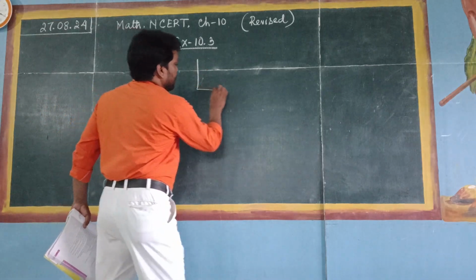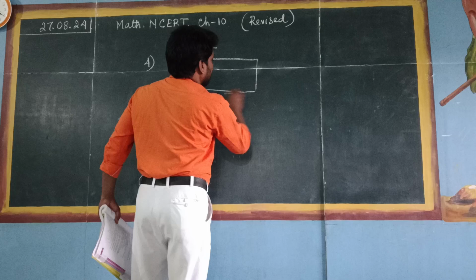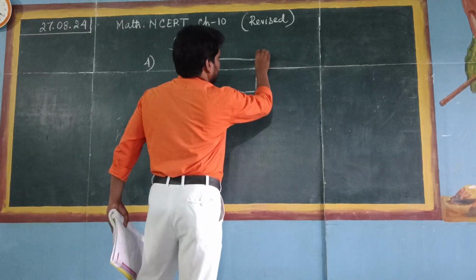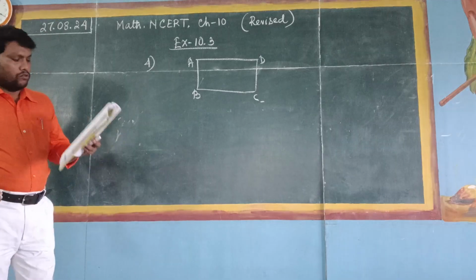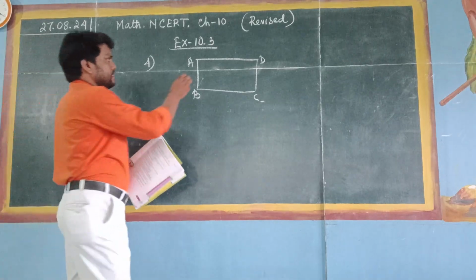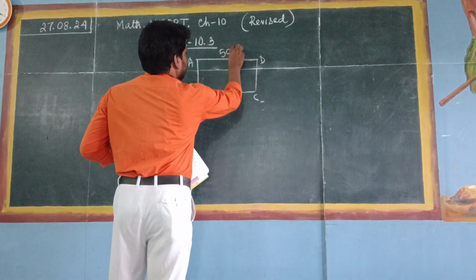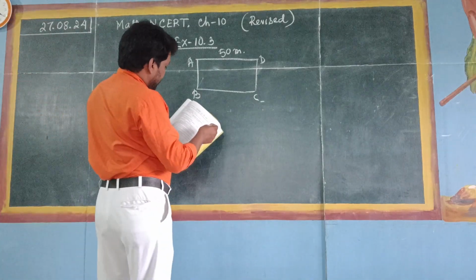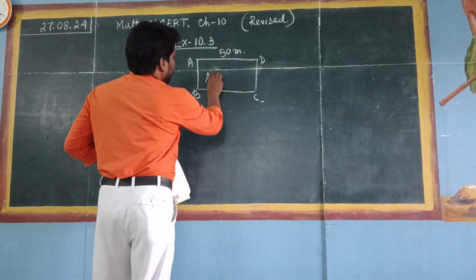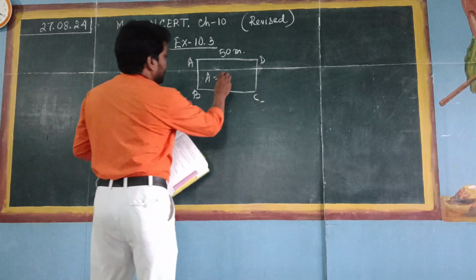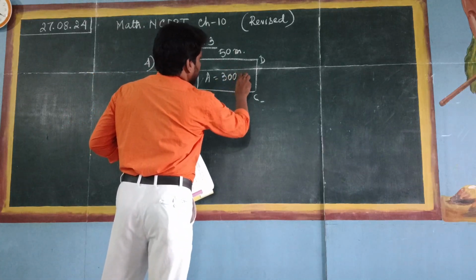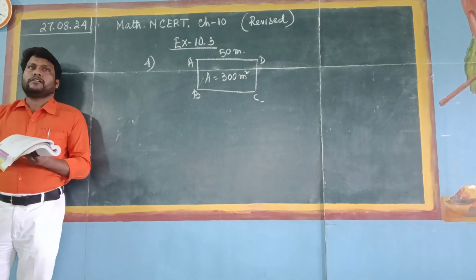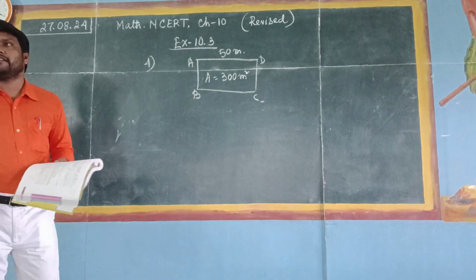Suppose it is a rectangular shaped garden ABCD whose long, that means length, is 50 meter. What is given? Length and area. Area is given, 300 square meter. You have to find out the breadth of the garden.